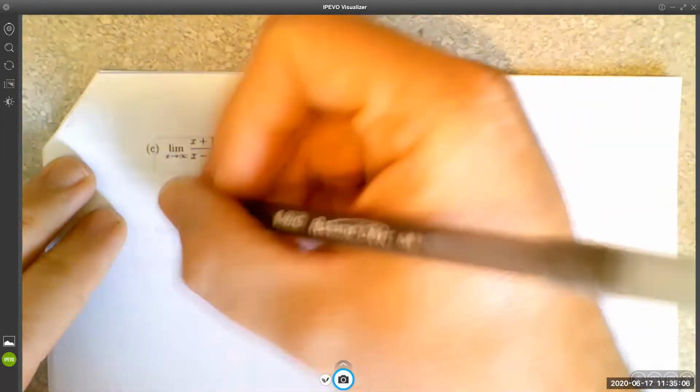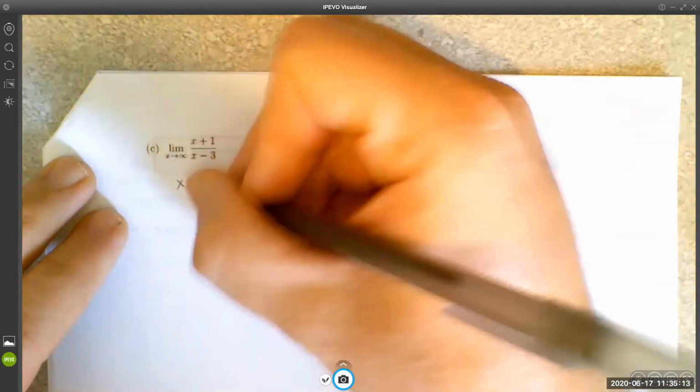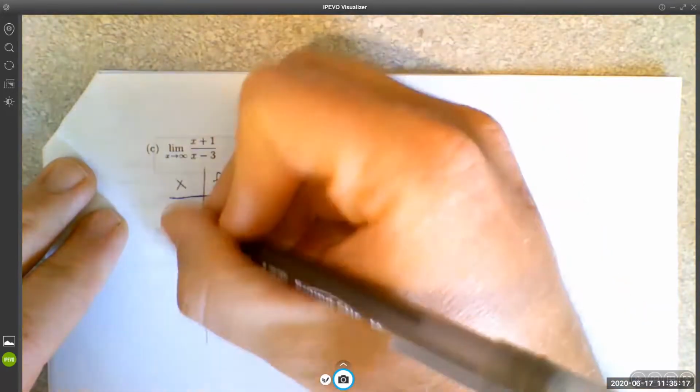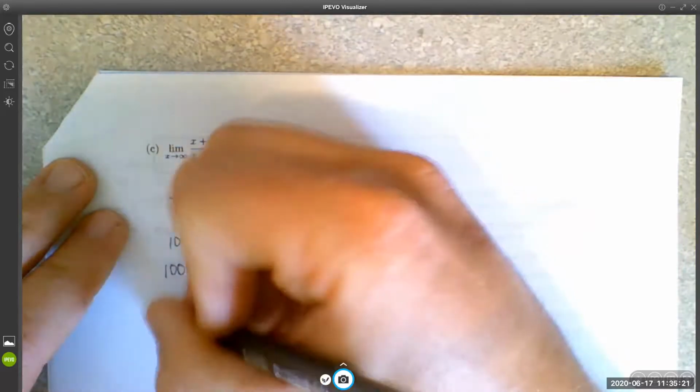So to calculate this limit, we're just going to plug in bigger and bigger numbers, okay? So maybe we could plug in 10 and then 100 and then 1,000 and then 10,000 and see what's happening to f of x.